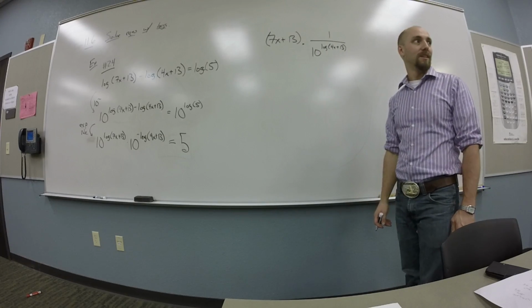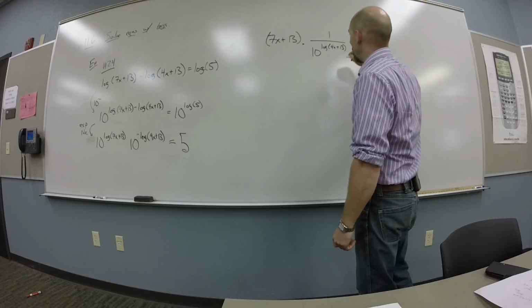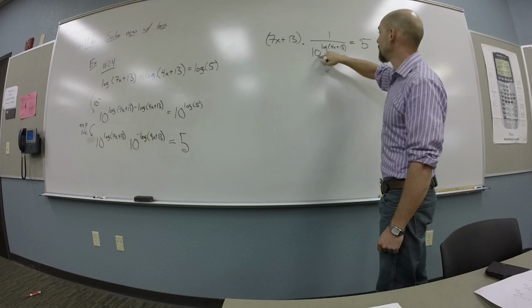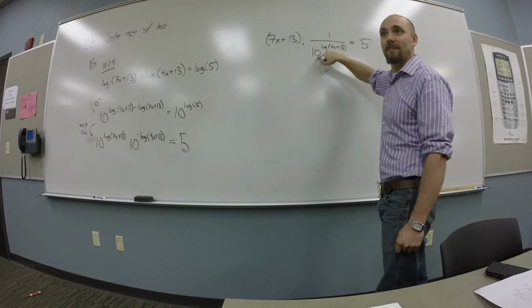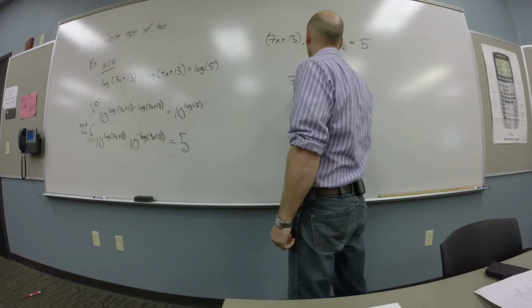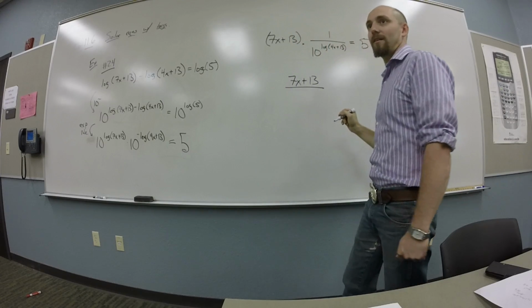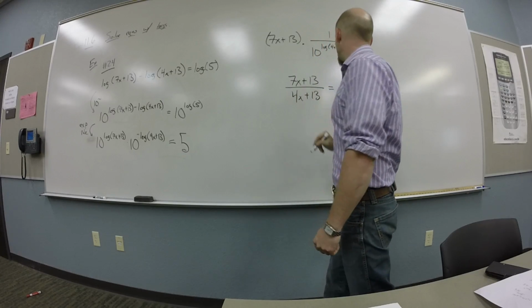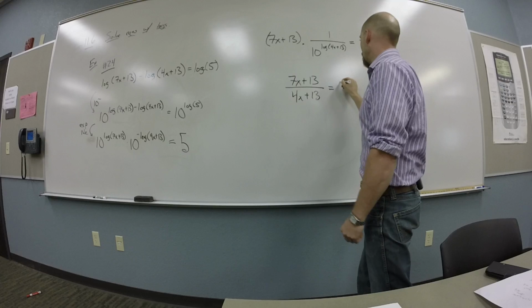You guys see that? And then this is supposed to be 5, right? Now these two pieces undo each other. Right, so I'll get 7x plus 13 over 4x plus 13. And that's supposed to equal 5.